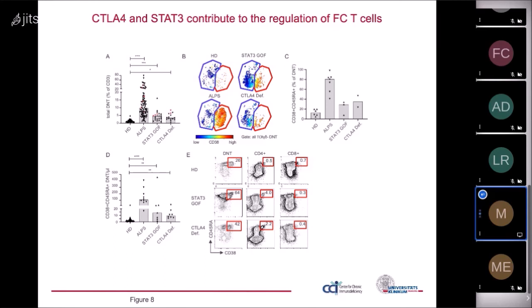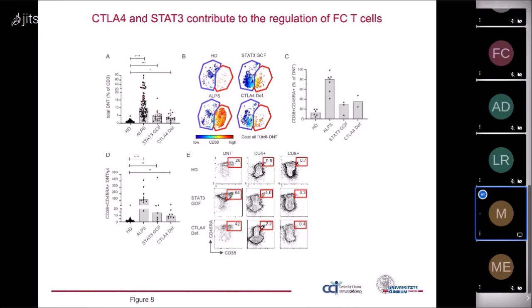And we found also here moderate increase in FC T cells, both in STAT3 gain of function and in CTLA4 deficiency. And this was true not only for the double negative T cells, but also for the single positive signature cells here, CD4 and CD8 analyzed by flow cytometry.